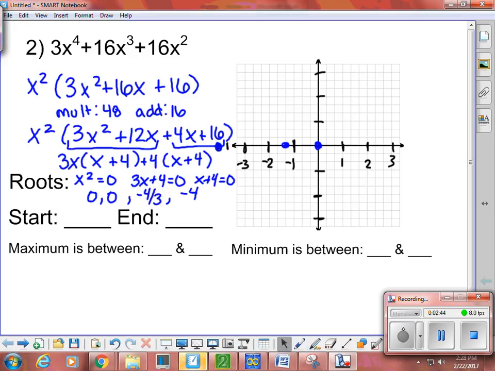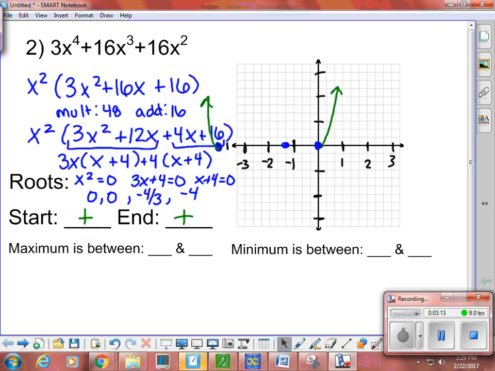Okay, so because this is to the 4th, what I know is my end behavior is going to be the same. And because it is a positive 3x squared, it's going to start positive, it's going to end positive. So it's going to look something like this. So now I have to figure out what I do in the middle. My maximum could be between either of them, so I would look on Desmos for this and see.